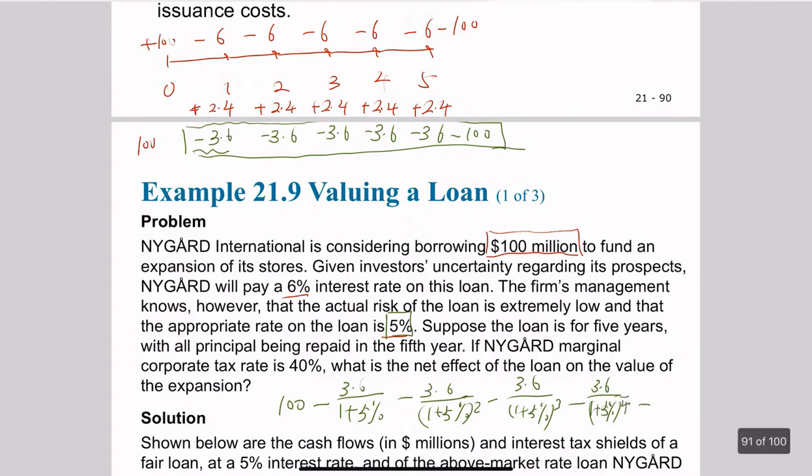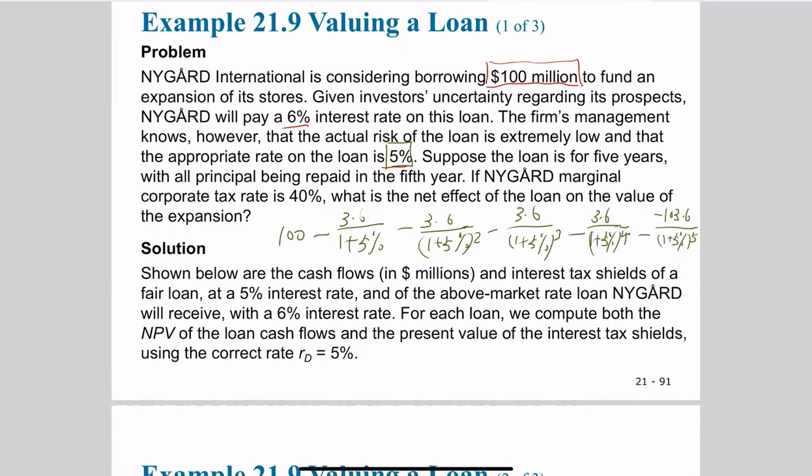And then the last term would be, let me see, minus 103.6 divided by 1 plus 5% with a number of 5 here.